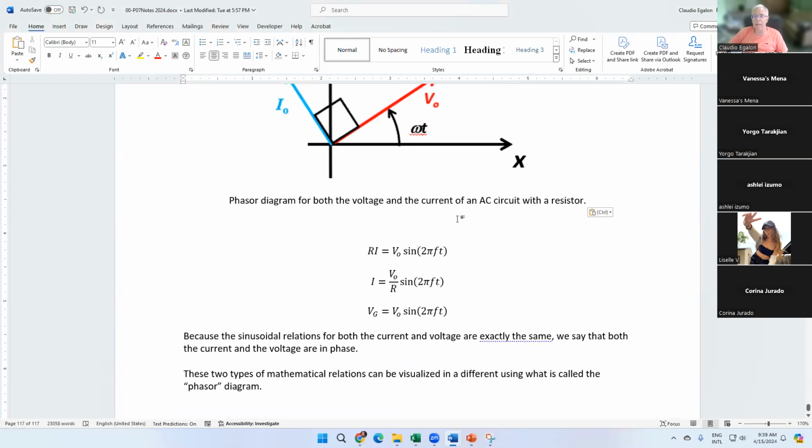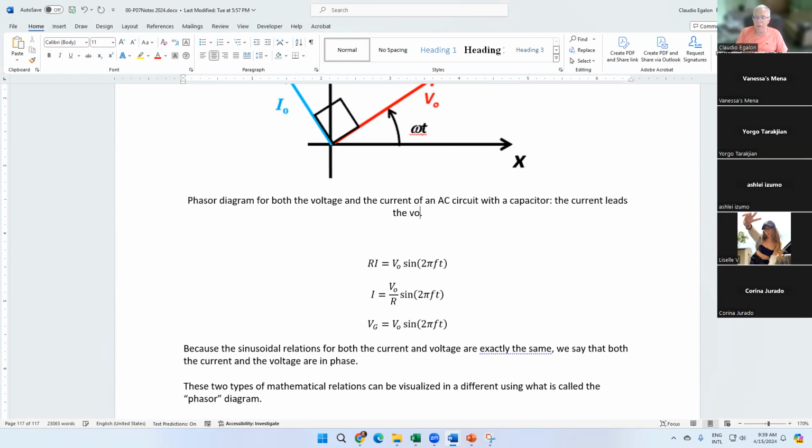Phasor diagram for both the voltage and the current of an AC circuit with a capacitor. You know, the current leads the voltage by 90 degrees.